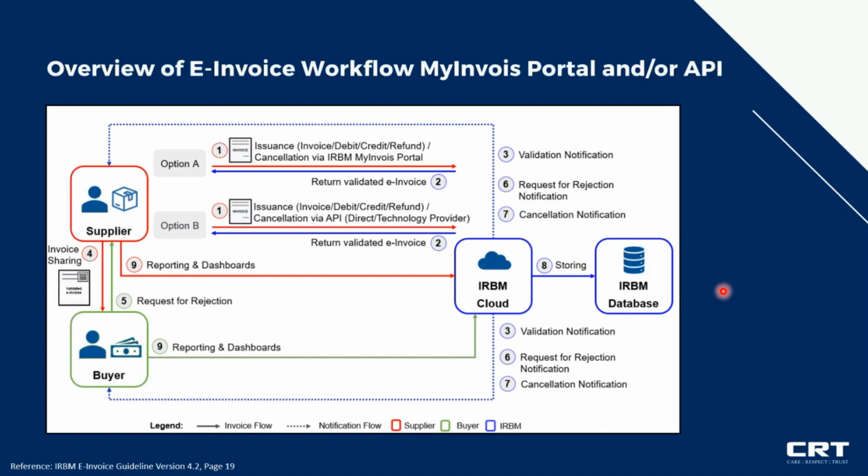Then only will it be stored in the IRBM database. Basically, the IRBM cloud is just the platform for you to get it approved or rejected. The final result will be stored in the IRBM database. So this is basically how the data flows.